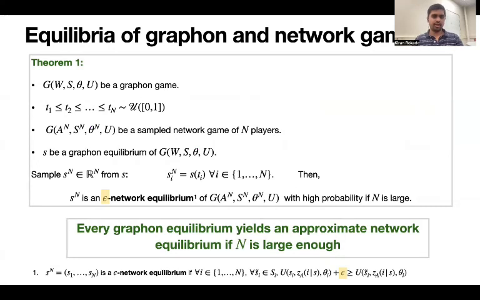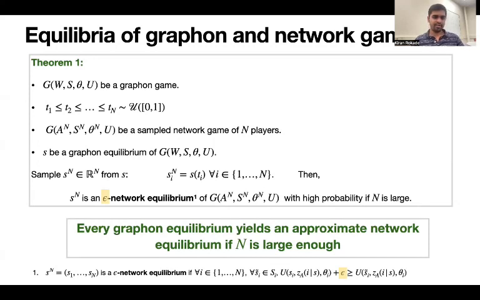Then you get a network game of n players using the procedure we just saw. And let's say S is a function which is an equilibrium of the Graphon game. Then from S, you can obtain a strategy for the network game as follows. For every player i in the network game, you assign the strategy S of t_i.